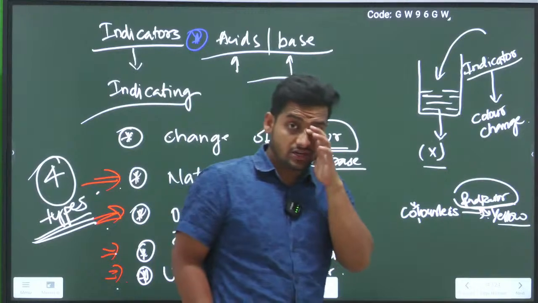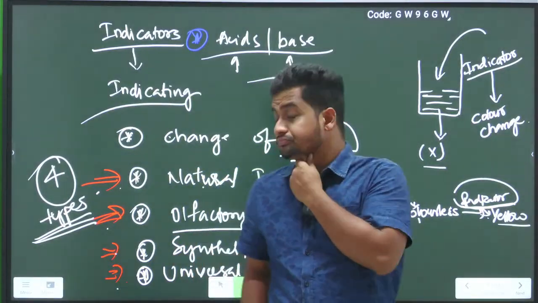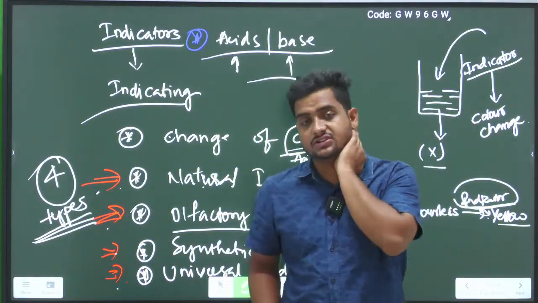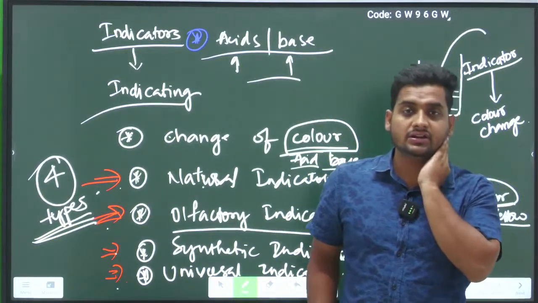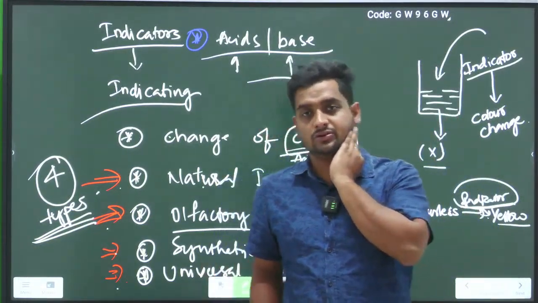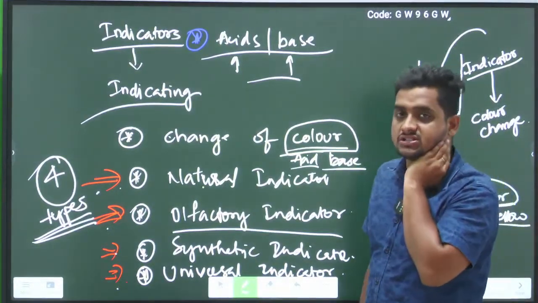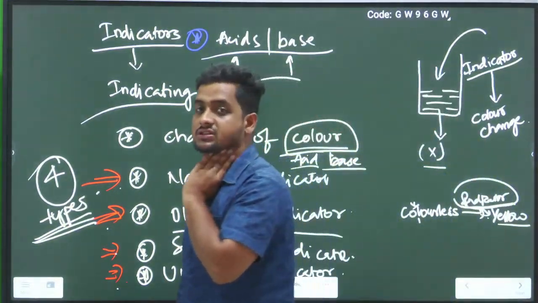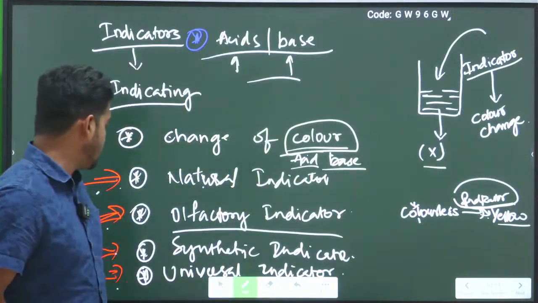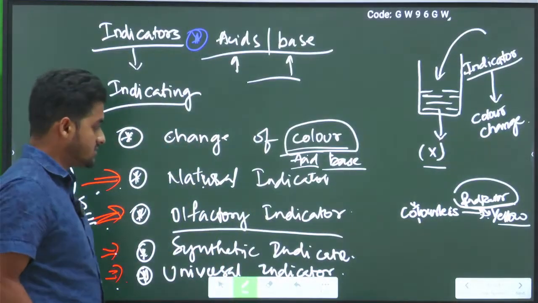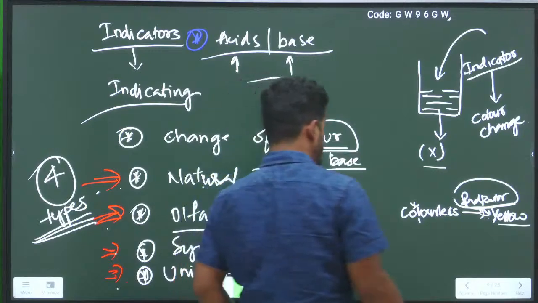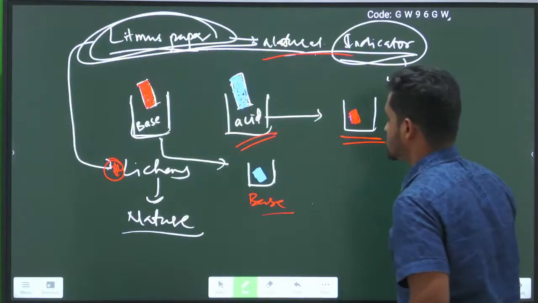Natural indicators means the indicators which you get from nature. Olfactory indicators are those recognized by our smell. If the indicators are produced in chemical laboratories, we call them synthetic indicators, and then universal indicators. So all types of indicators, that is lichens and all.